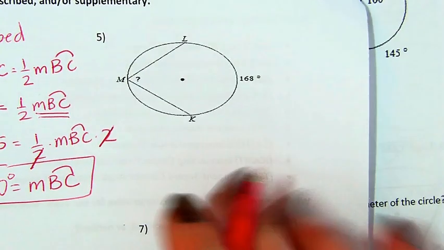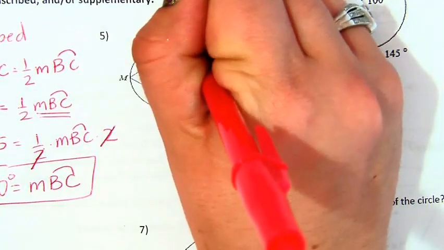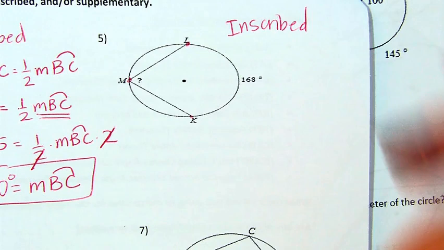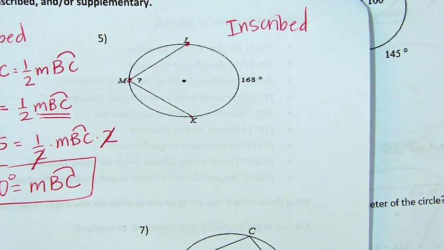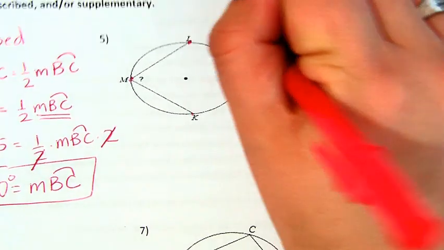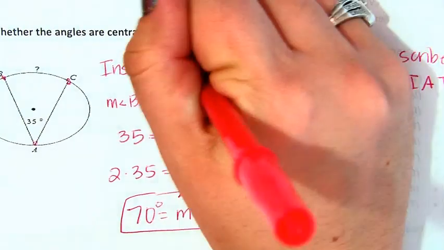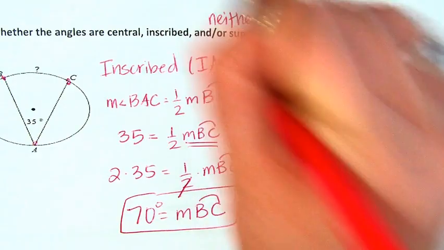For number 5, again, this is also an inscribed angle. And inscribed angle theorem, IAT. So let me put that on this one as well. IAT, inscribed angle theorem.